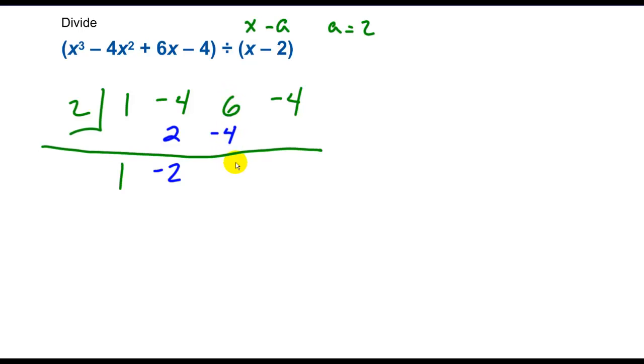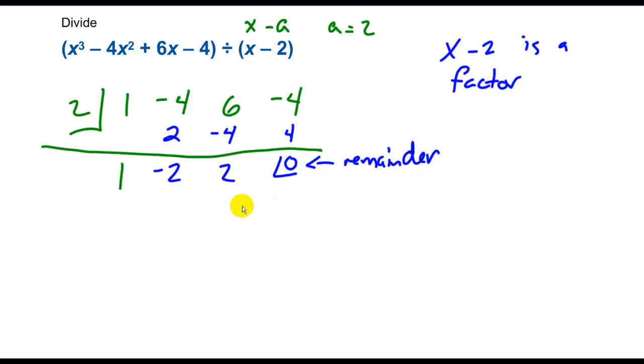The product goes under the next term and add. 2 times 2 is 4, and add. Notice, since we get 0, this term is our remainder. Therefore, x minus 2 is a factor.